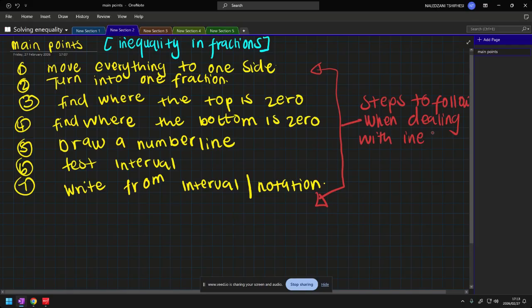Please, my spelling, inequality. This only applies to inequalities in a fraction, right?